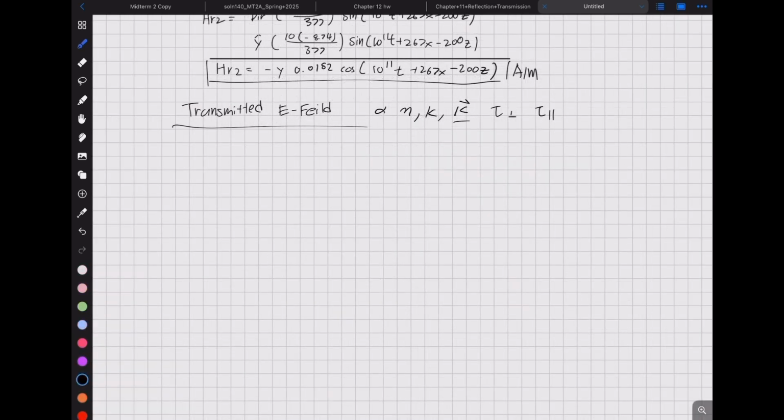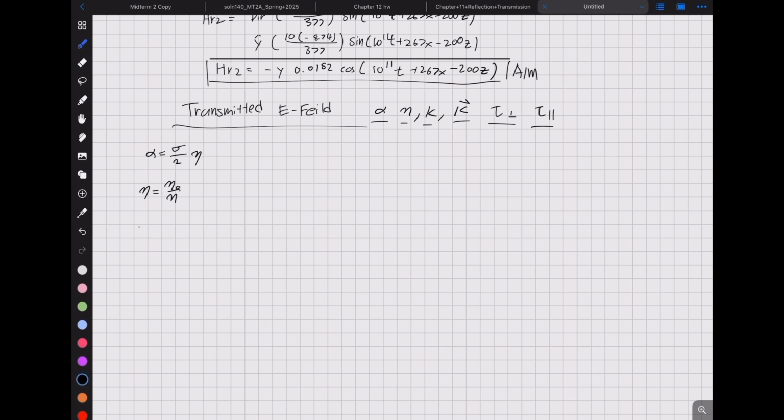We're going to be calculating for the transmitted E field. Okay, so we have many things we have to find, like alpha, the attenuation term, eta, k, transmitted perpendicular, and transmitted parallel. So we're going to start off with finding the alpha equation. So we're going to get sigma over 2 eta. And remember, when eta is inside a medium, we're going to have eta naught over the index of refraction.